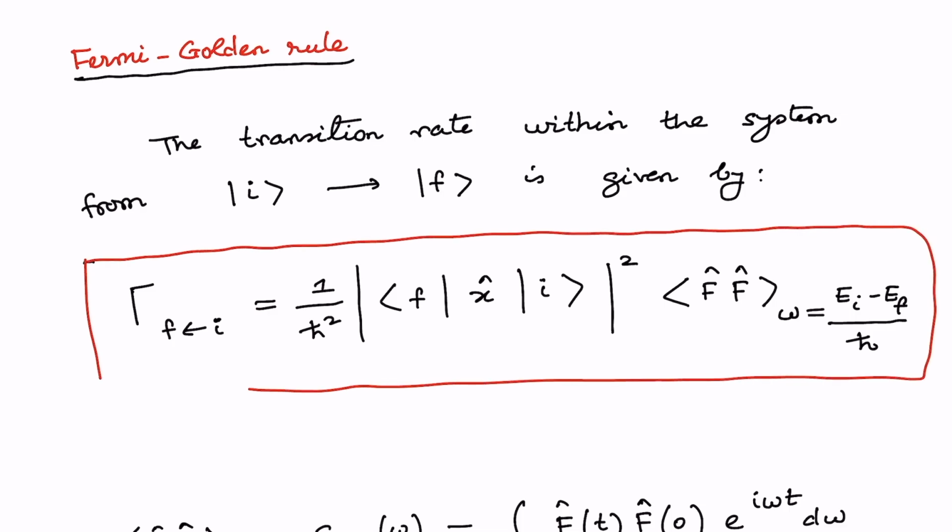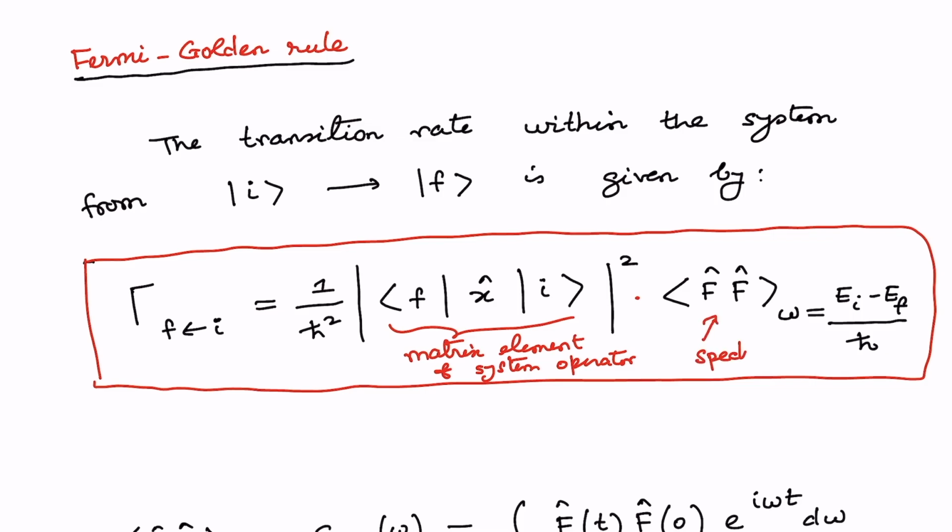Gamma I to F is the transition rate, for a transition happening from the initial state ket I to ket F. That rate is given by gamma equal to 1 by h bar squared, times the modulus squared of this matrix element of the system operator, and then it is multiplied by the spectrum of the fluctuating environment. I will also explain what this term is.